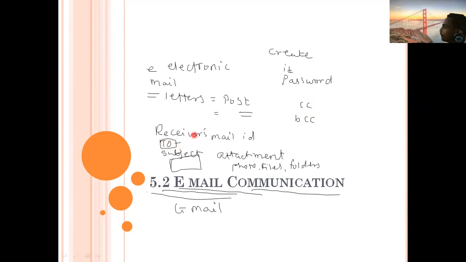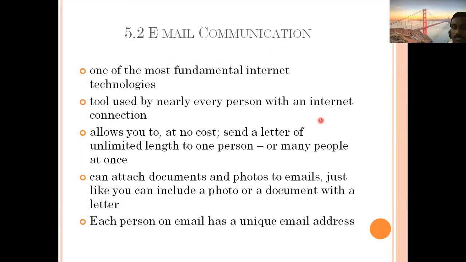That is right. You can send mails to any number of people, thousands of people, at a time. So that is another feature of email. But you can include all your email addresses here in To. So why is this in CC, or what is it in BCC? Okay, we'll learn about it.